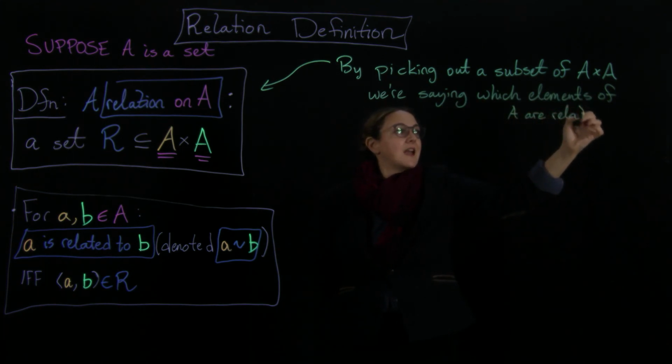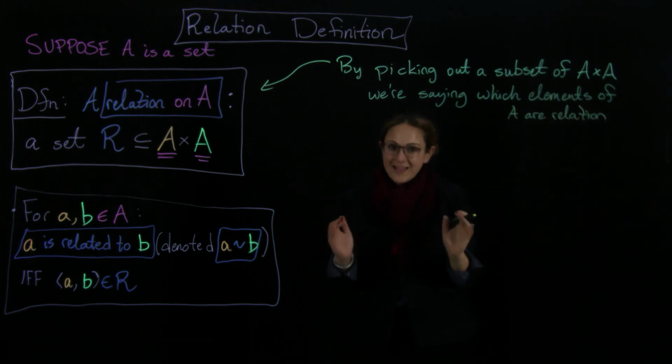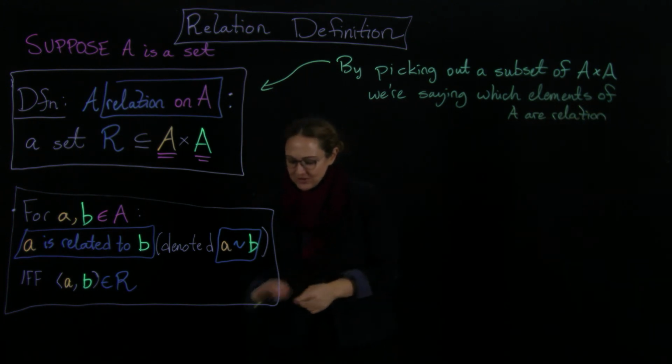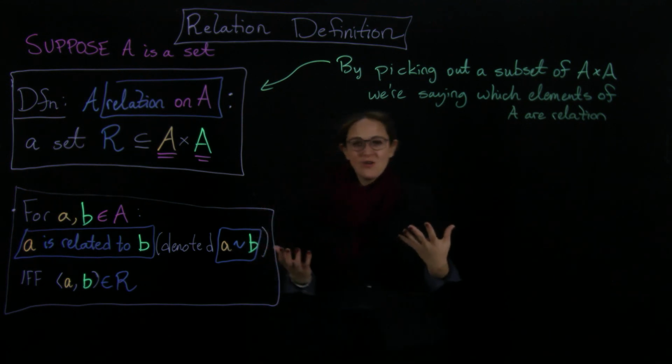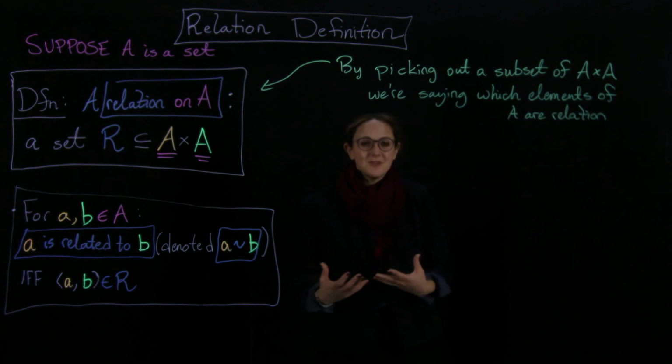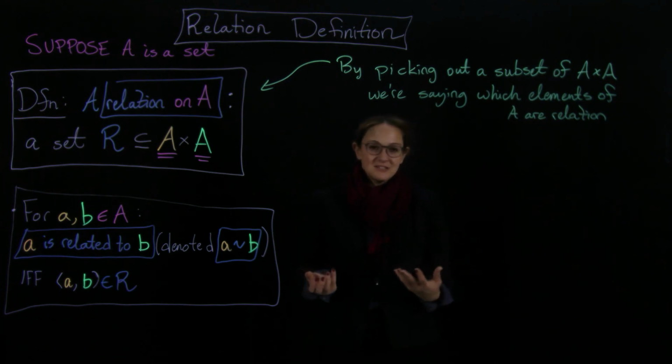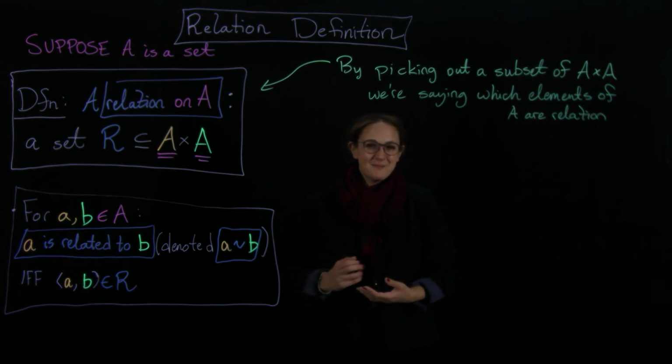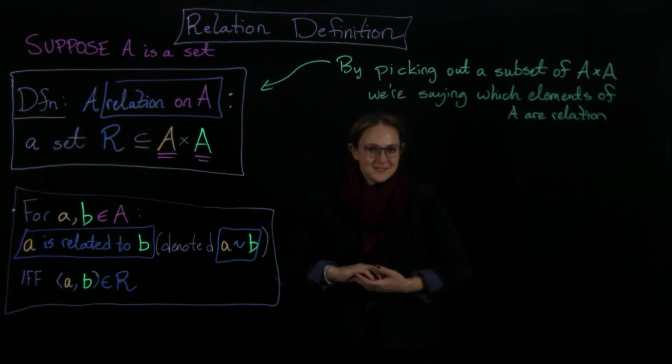Precisely, a is related to b when (a, b) is in the subset R. That's the formal definition, and it's going to be very useful, particularly when we jump into equivalence relations. I hope that made some sense, and I will see you in the next lecture.